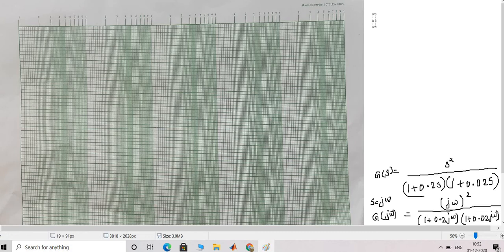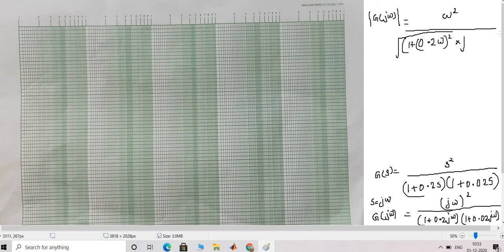The modulus of G(jω) is equal to ω² divided by square root of (1 + (0.2ω)²) into square root of (1 + (0.02ω)²). This is the magnitude equation.